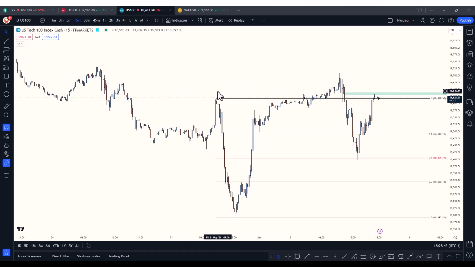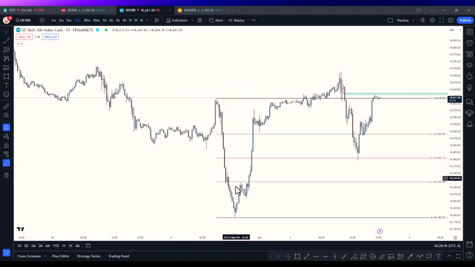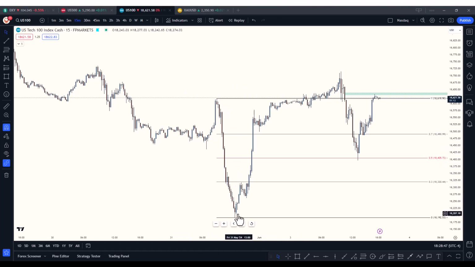So on Friday we had all of this drop, and then we started working our way up, and I think this was the close Friday.